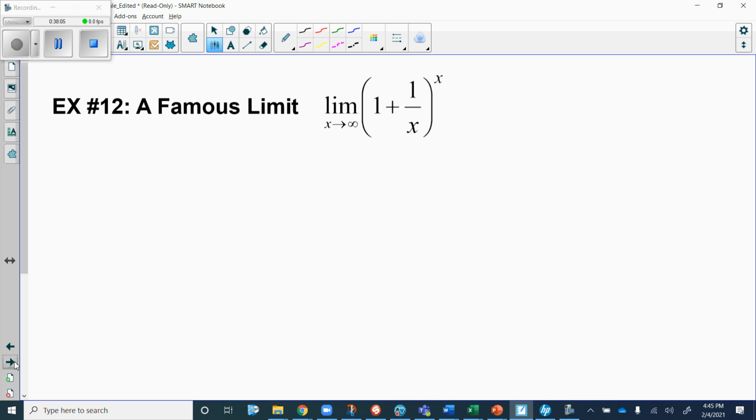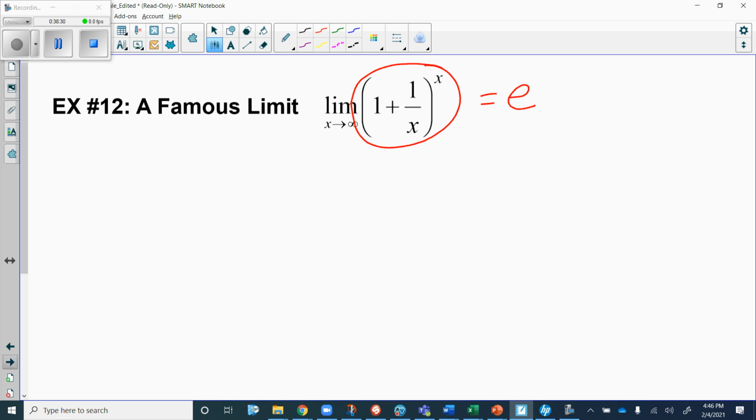Now this one by itself, ideally, should be familiar to most of you. That is the expression that generates E. That was the expression for the compounding interest that we use to find where that number E came from to begin with.